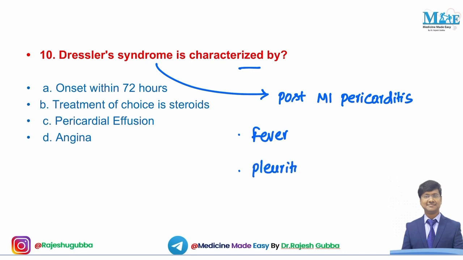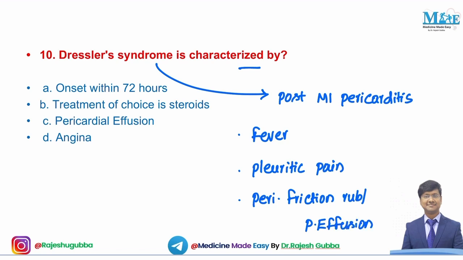It's a like pleuritic type of chest pain, where the pain increases on inspiration. Then on auscultation, there should be a pericardial friction rub, or there should be presence of the pericardial effusion. So this is what is the triad in case of the Dressler syndrome.